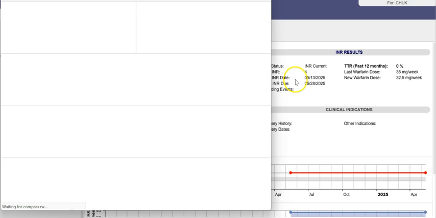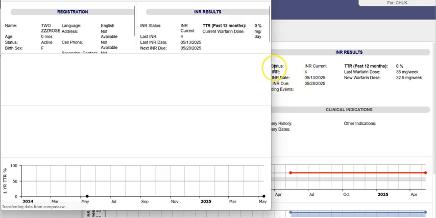And the coagulation statistics for this patient are different.